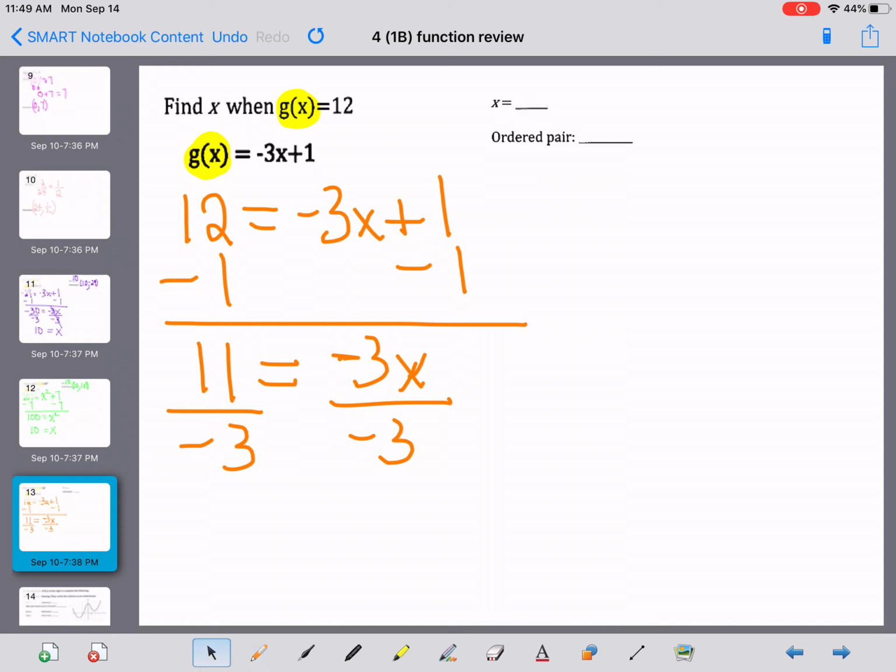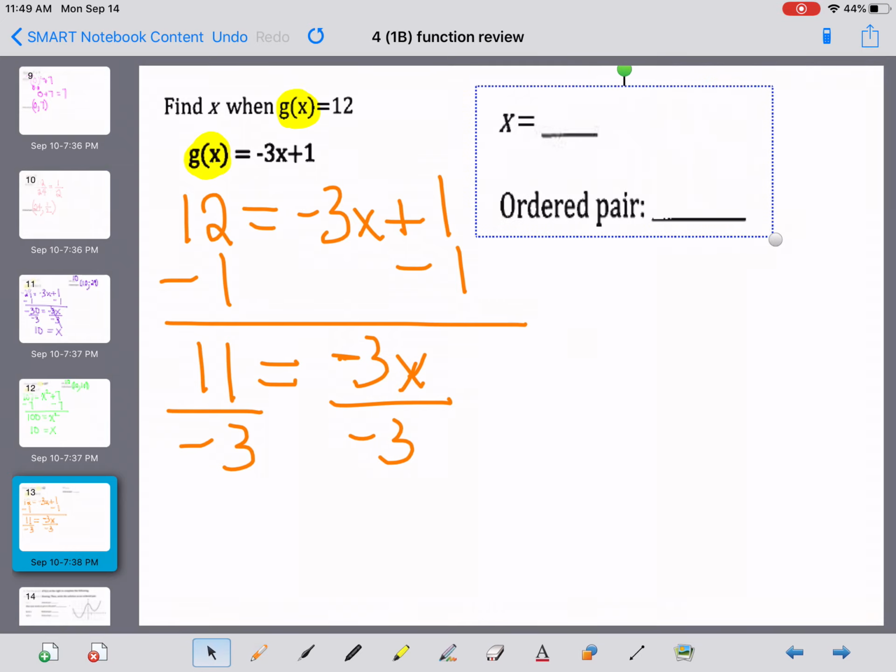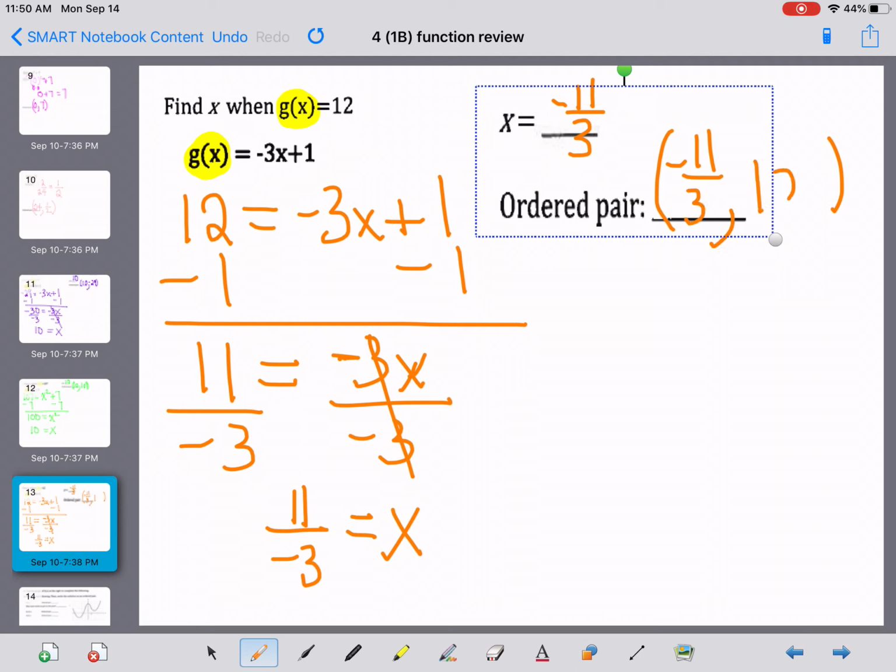I'm going to try to make my blanks a little bit bigger over here. And actually, when we leave this here, I just leave it as 11 over negative 3 because it is a repeating decimal. And Desmos will leave it just like that, so we should be okay. So our x is negative 11 over 3, and our ordered pair is negative 11 over 3, comma 12. Just going to check my math real quick here just to make sure that I didn't make a mistake. But I did not.